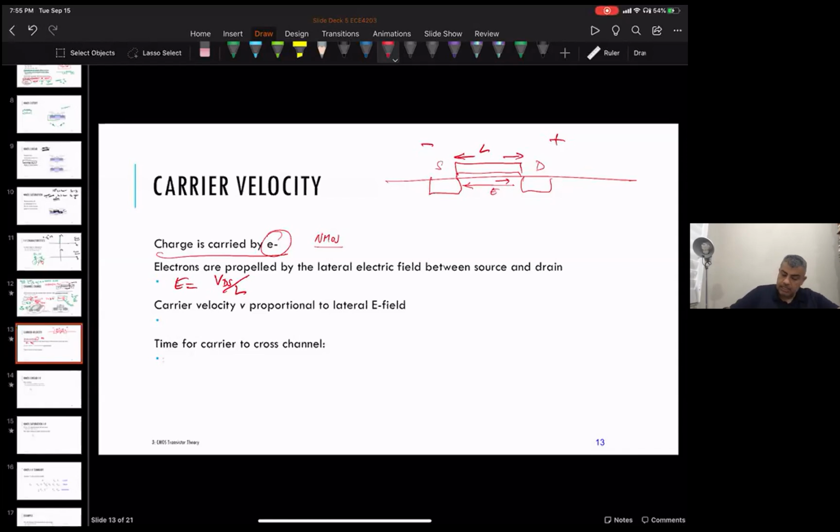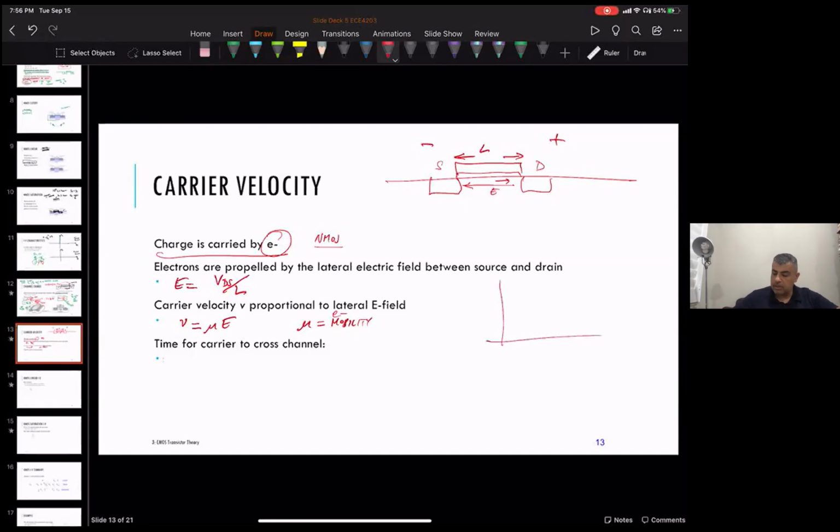The second thing is that the electric field gives these electrons a certain speed. The relationship between the speed of an electron and the electric field is called the mobility, in this case the electron mobility, and it's just a definition.